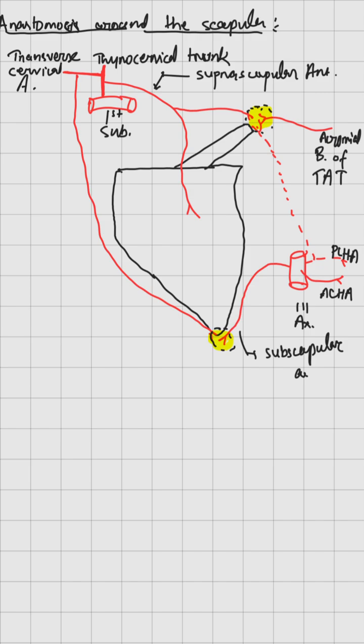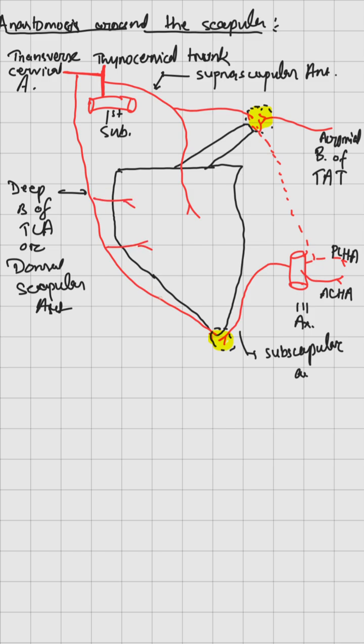This branch is called the deep branch of transverse cervical artery, or this is also called the dorsal scapular artery. This will all give branches like this, of course.